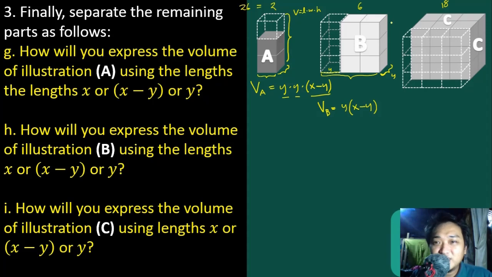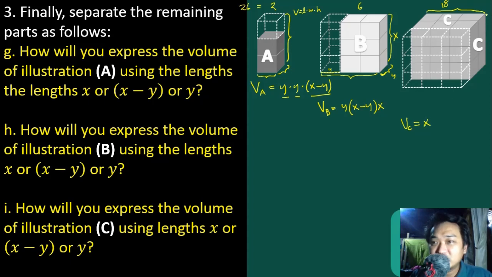Eh, ano naman yung height? O, yung height niya, wala namang bawas, di ba? Mapapansin nyo, wala namang bawas. So, that is x times x. Now, what will be the volume of letter C? So, in letter C figure, yung haba niyan is x.